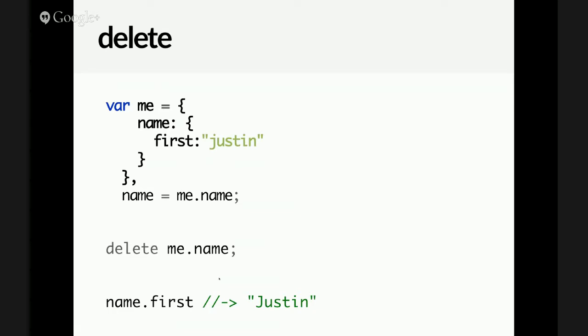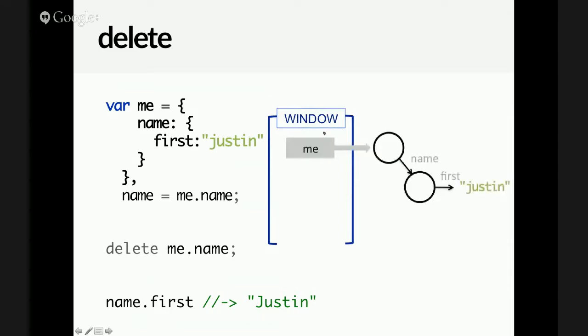So let's talk a little bit about what delete does then. So here I'm creating object with a nested name object in memory. Let's see what JavaScript does with this in two-dimensional memory. It's going to create a me variable that points to an object with a name property with a first Justin.